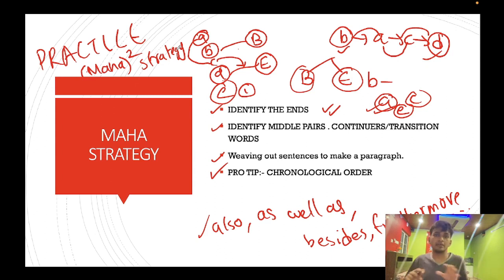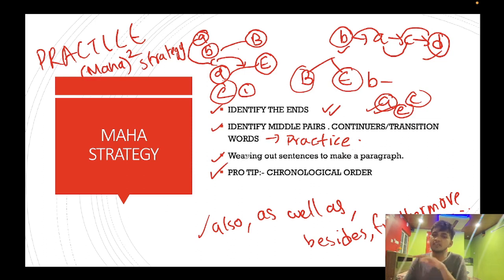Practice is the only MAHA square strategy, and if you miss out on that, you're missing out on everything else. Once you know what the continuous and transition words are, which you will get by practice, because it's not practical to learn a set of words by heart.